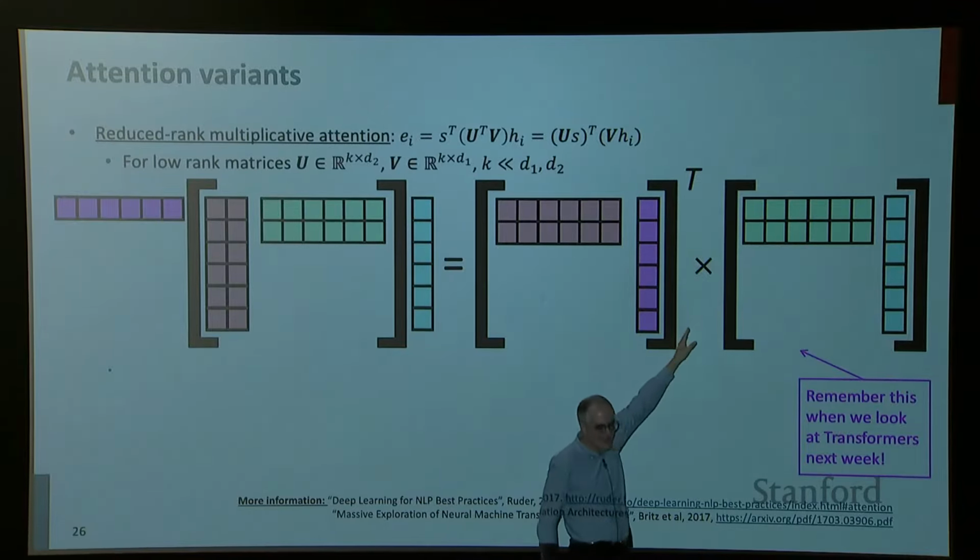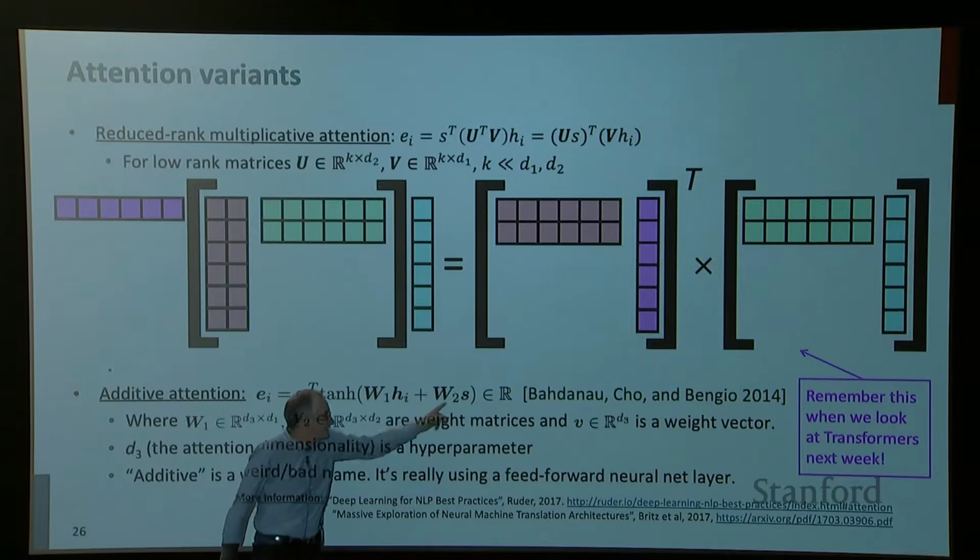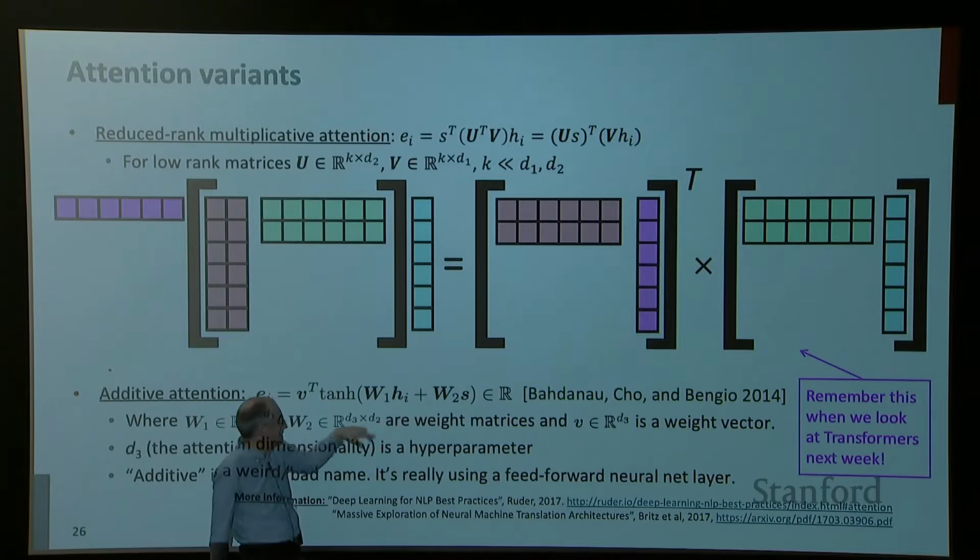So we take the S and the H, multiply them both by a matrix, add them, put them through a tanh, multiply that by a vector, and we get a number. This looks just like the kind of computations we've used everywhere else in an LSTM. So there's a little neural net calculating the attention scores, and then they go into a softmax as usual.